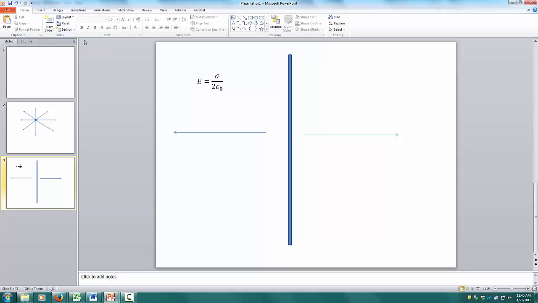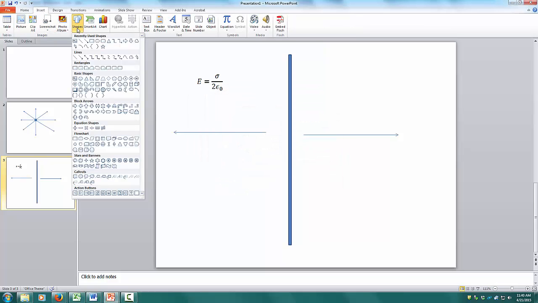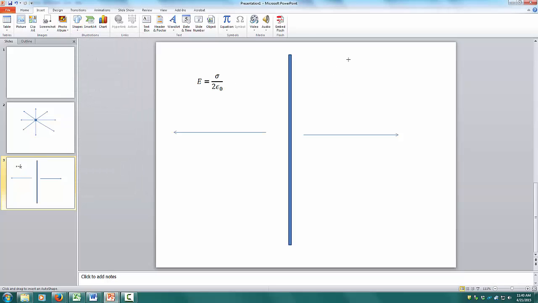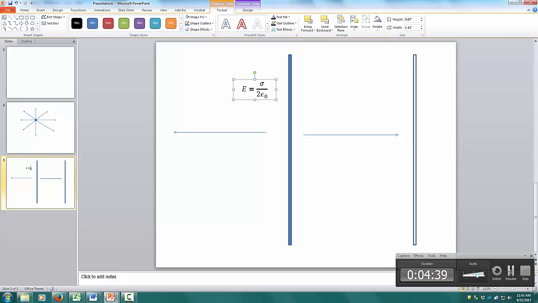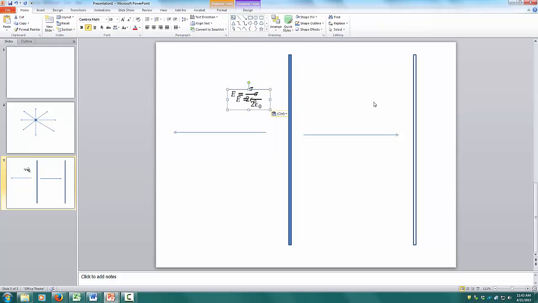And if I have 2 planes of charge that are of opposite sign, but with the same charge density on them, you'd add the effects of this one plus the effects of this one in the middle, and the two would add together.